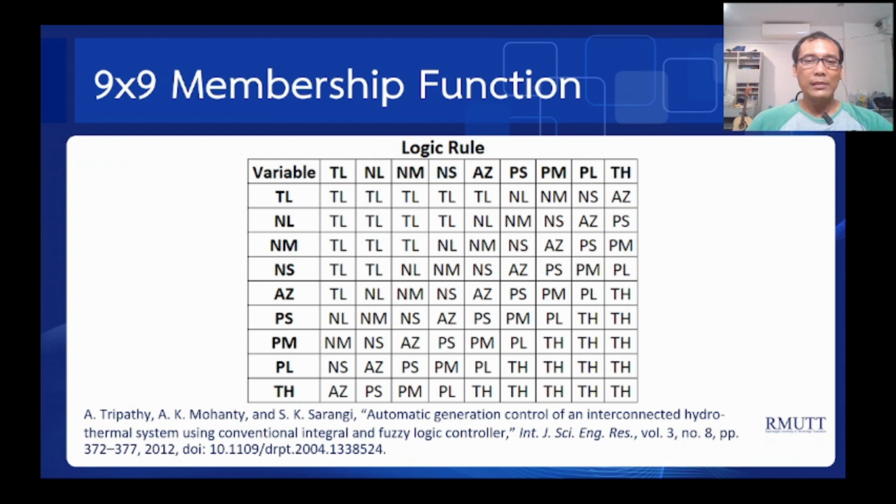And since we have 9 variables, it will be a 9 by 9 matrix.